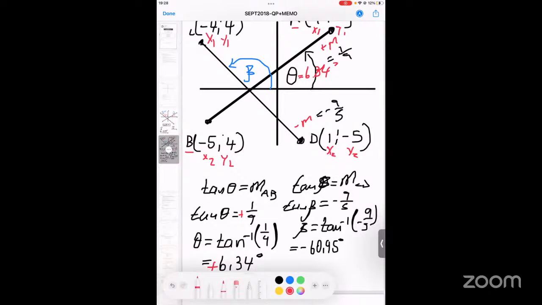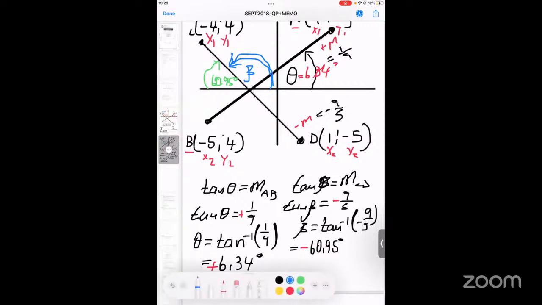So can you guys see? We substituted our negative gradient, we get a negative angle. What does that negative angle mean? It means it actually gives you this angle, which is 60,95 degrees. But that is not the angle of inclination, because the angle of inclination must start from this side until there.